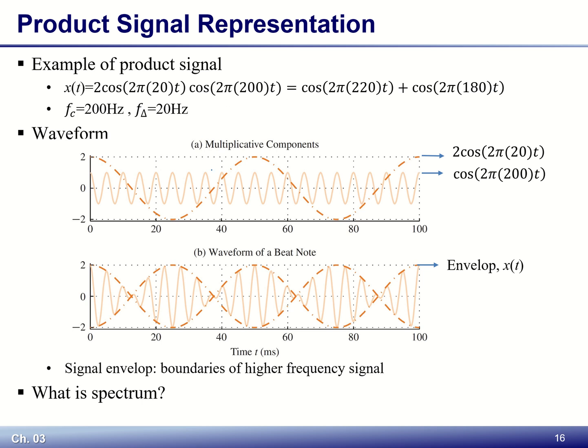So when you multiply, the slow one is 2 cosine 2 pi 20t, and here is cosine 2 pi 200t. So when you make the multiplication, it will be faster like this, and the outline of the fast moving frequency is called the envelope.